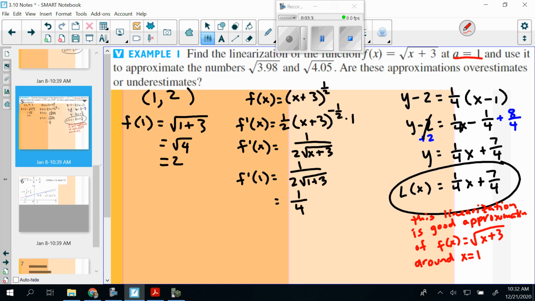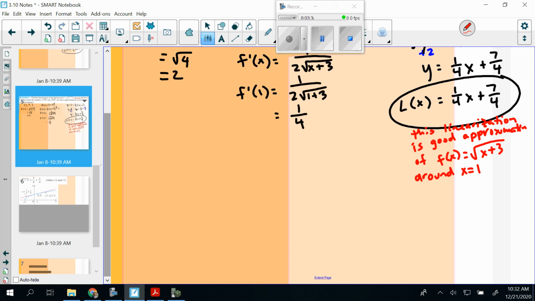The further we get away from 1, it doesn't end up being as good. So around x equals 1, what we're saying is that square root of x plus 3 is very close to 1/4 x plus 7/4. So that's what our approximations say.